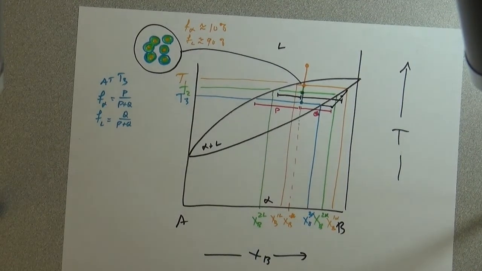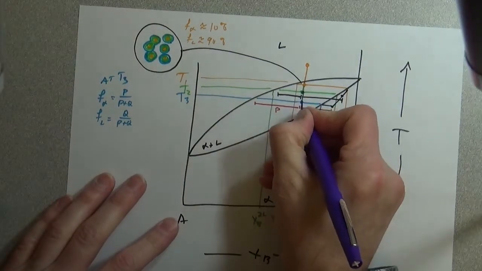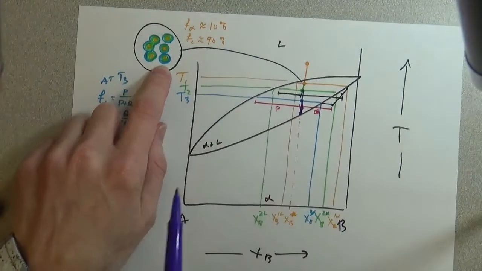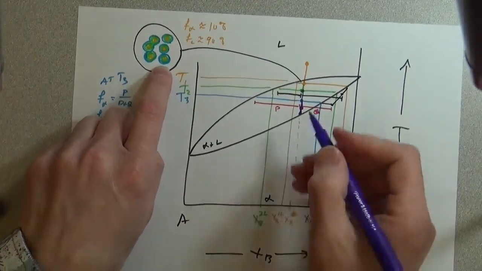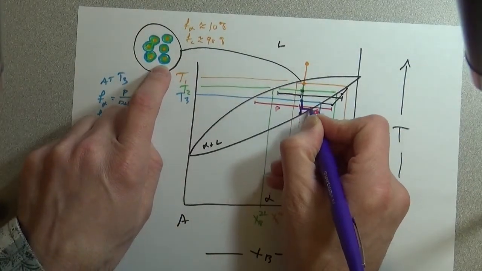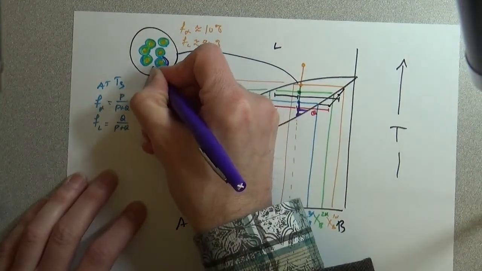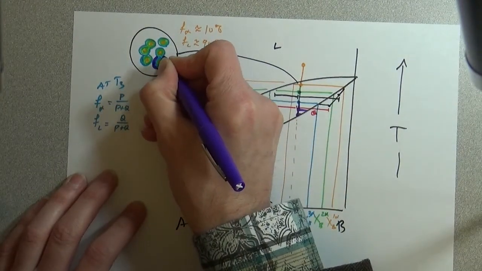And what we're going to find is that all along here, as we cool, we're going to keep adding a phase that is less rich than the interior.